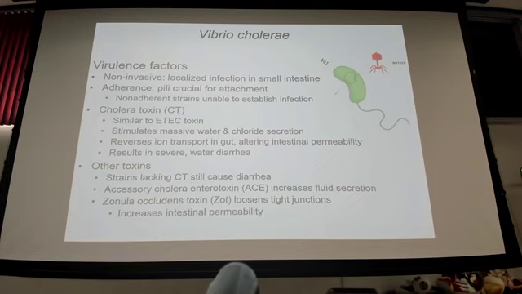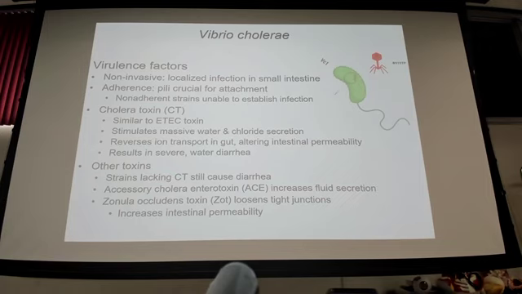In terms of mechanism, when we're talking about cholera, the disease caused by Vibrio cholerae, the classic description is rice water stools, copious amounts, many liters of fluids lost a day. In terms of the virulence factors that this species of Vibrio has, what are some of the toxins that contribute to this pathology? Yes, sir. LT, similar to the E. coli toxin.